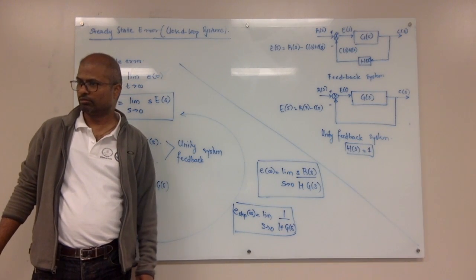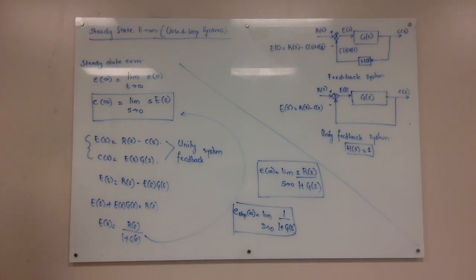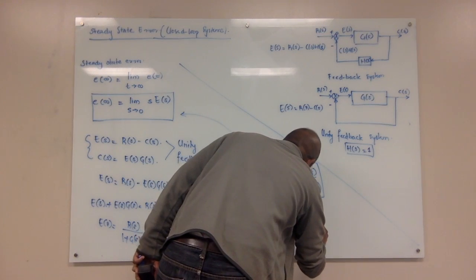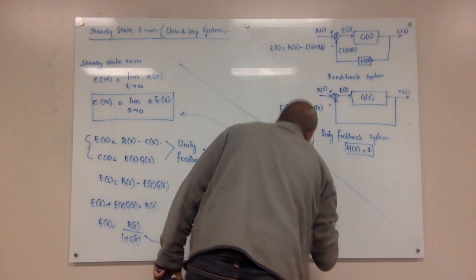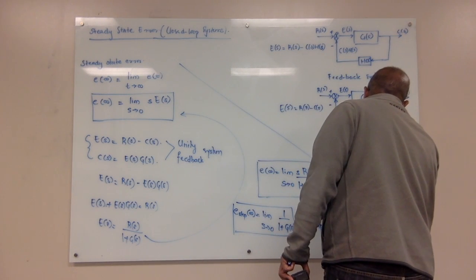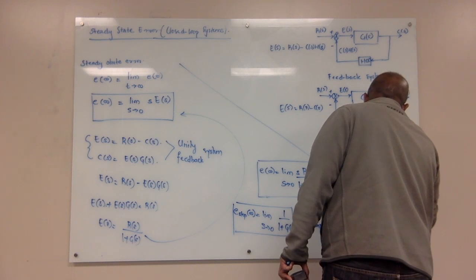Can we get a picture of it? Okay. E ramp. What is R of S for a ramp? If it's a ramp function, R of S is 1 over S for step.